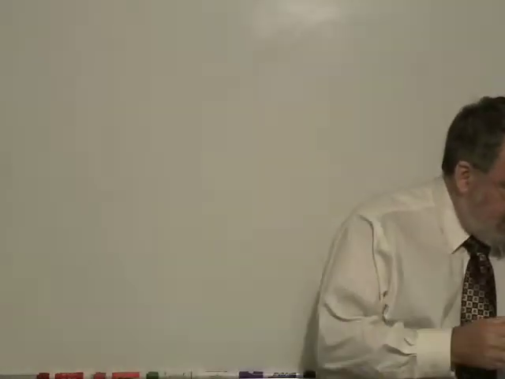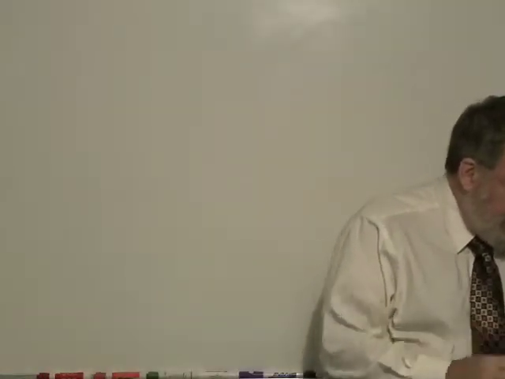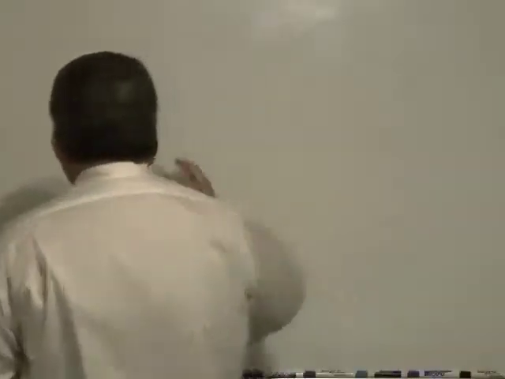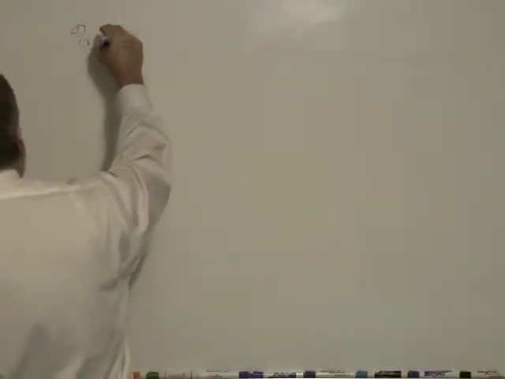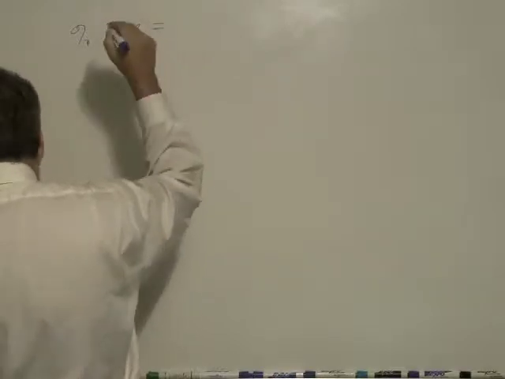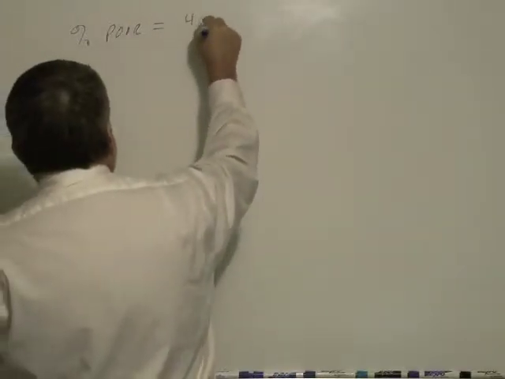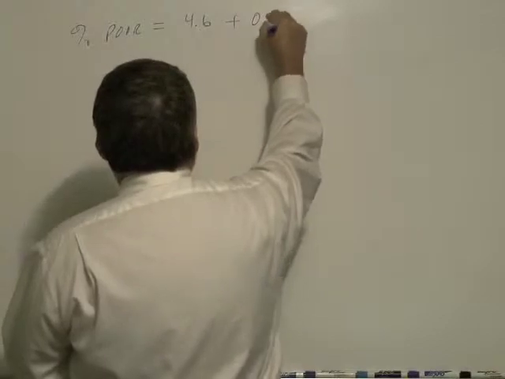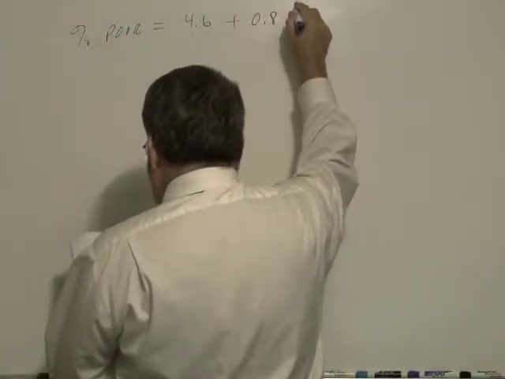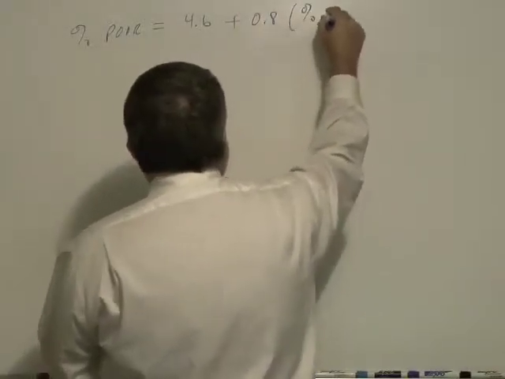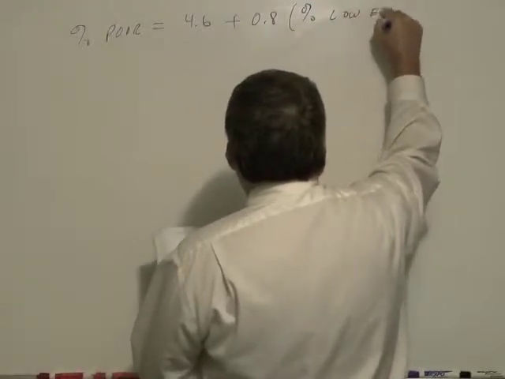So regressing the percentage below the poverty line on the percentage with 9th grade education or less for the 50 states and the District of Columbia gives, all right, so I'm going to write out this line here. Percent poor is equal to 4.6 plus 0.8 times the percent with a low education.